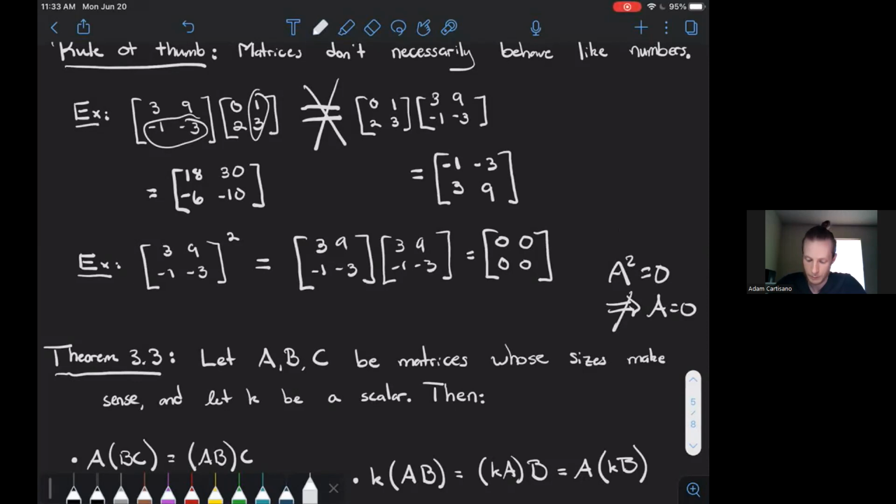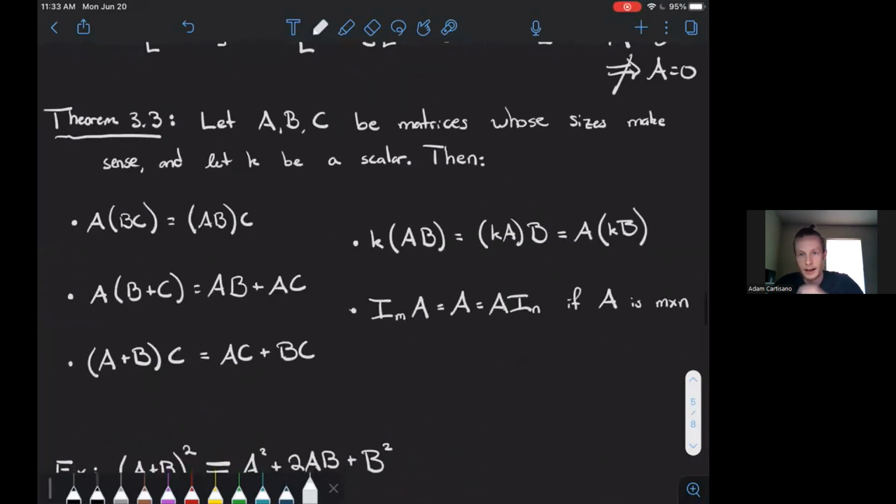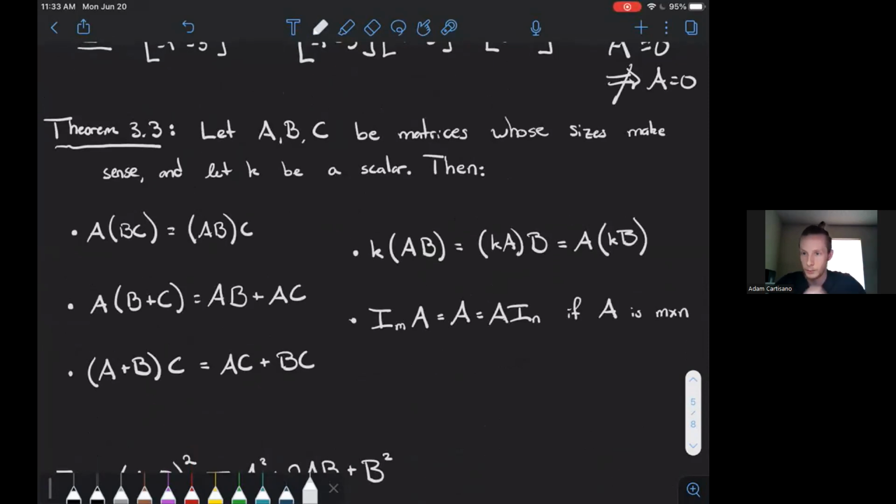So again, we can't just assume that matrices are going to behave like real numbers. Let's mention briefly Theorem 3.3, which basically tells us what we can assume about matrix multiplication. This theorem is stated kind of in a funny way. It says let A, B, and C be matrices whose sizes make sense, and let K be a scalar.